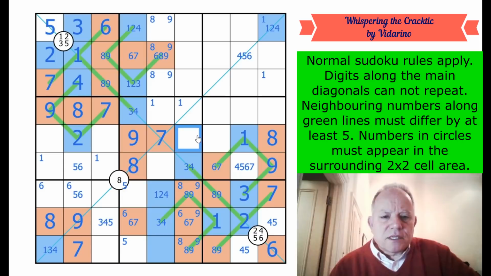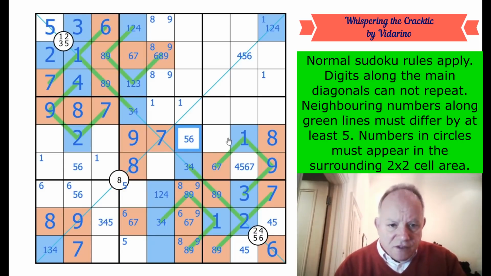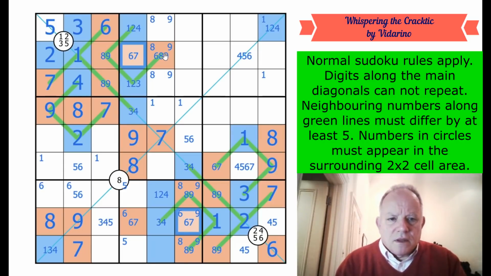Oh, this can't be 3, 4, 1, 2, 9, 8 or 7. So that's 5 or 6. If that's a 6, this becomes a 5. And that's a 6. Then that's an 8, 9 pair, forcing a 3 here.